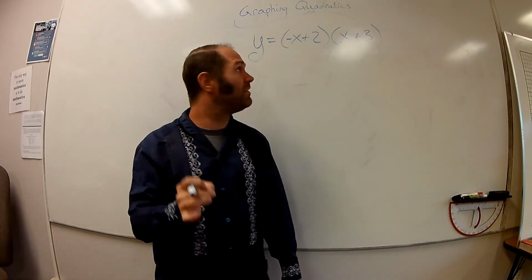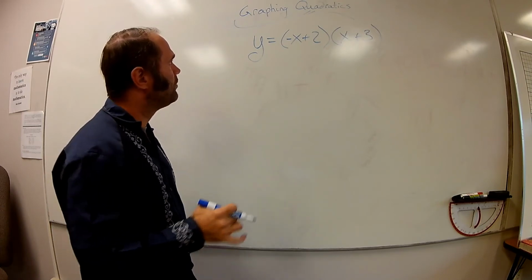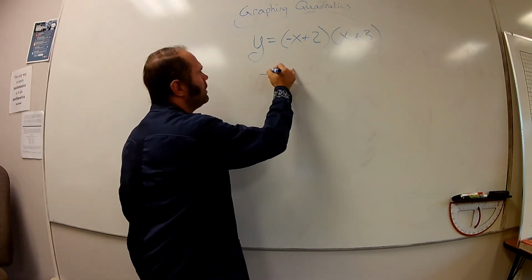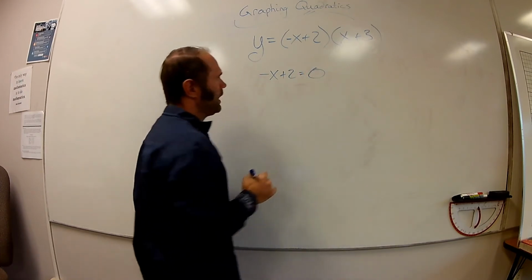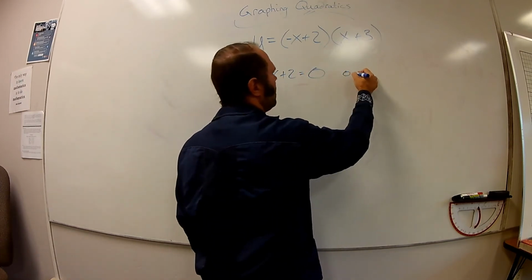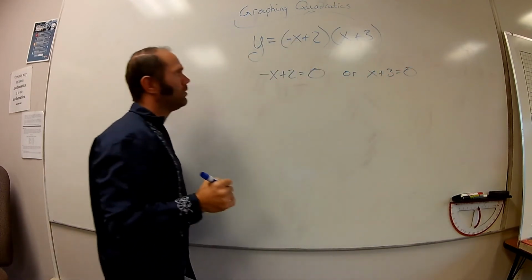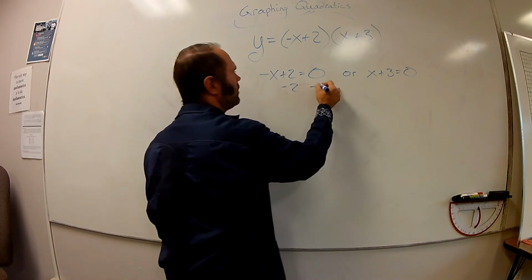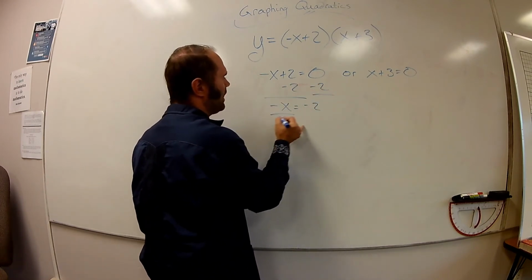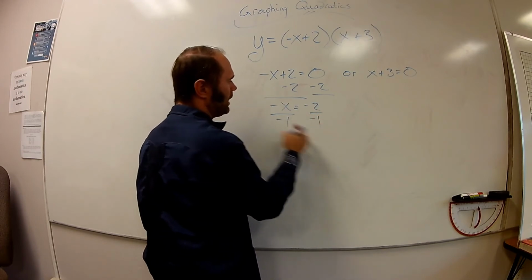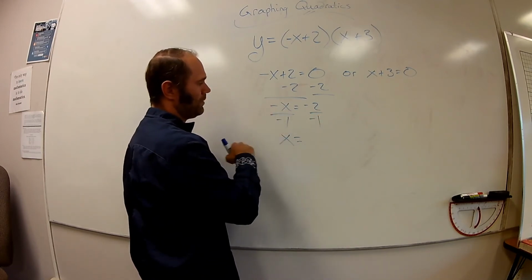So since we are in factored form, we can just figure out our zeros. Negative x plus 2 equals 0, or x plus 3 equals 0. So those are our two. We're going to subtract 2 from both sides. Divide by a negative 1. That gets rid of the negative. So then we find what x is, not what negative x is.